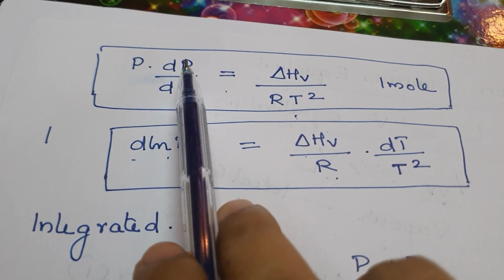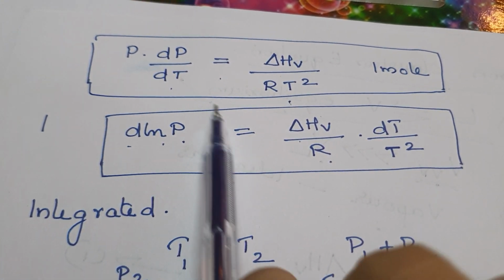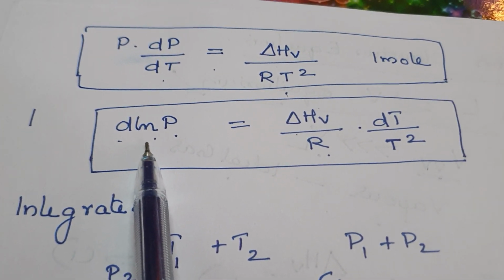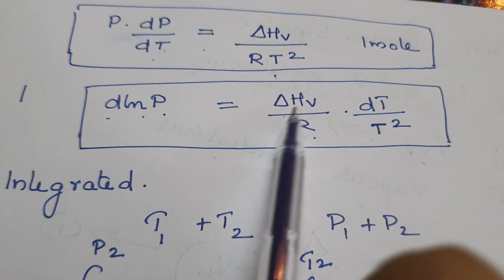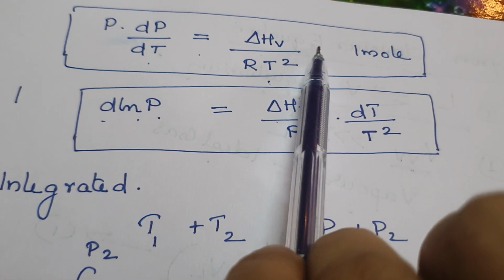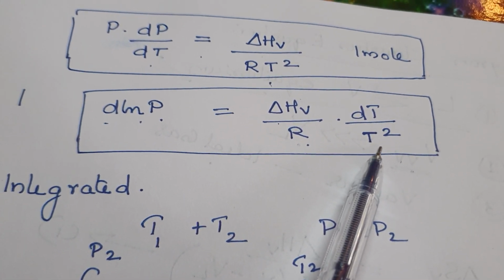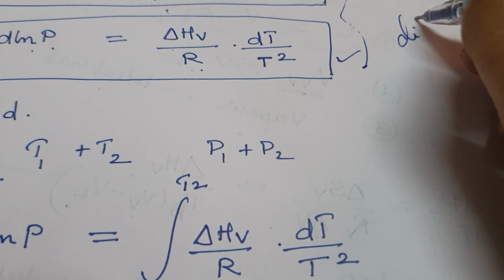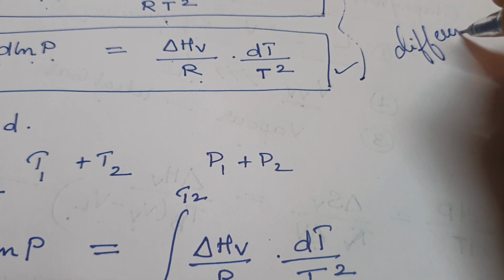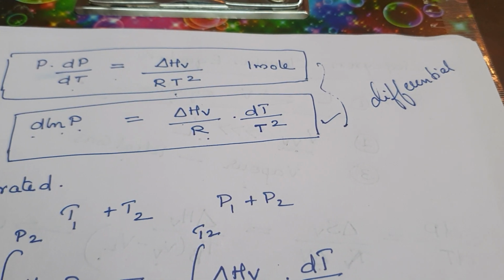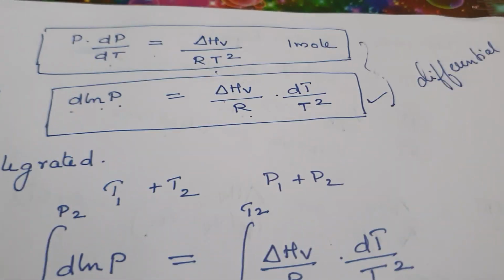So dP/P we can also write as d ln P, where ln is log to the base e, is equal to delta H_V by R dT divided by T square. Either of these you can take as the differential form of the Clapeyron-Clausius equation or Clausius-Clapeyron equation.